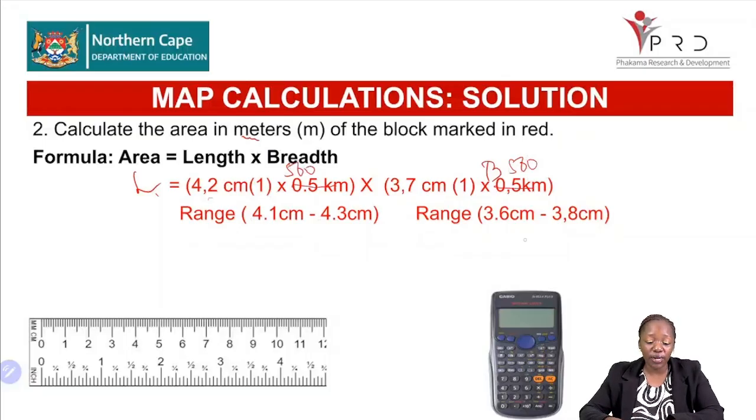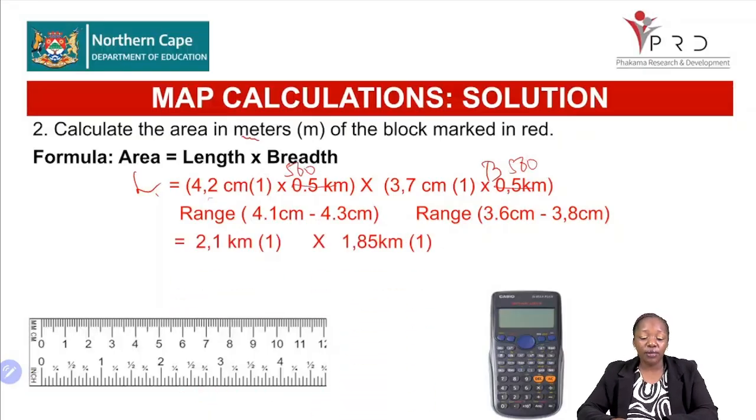Then once you are done, there is the measurement, which is the map distance, then times what the answer is supposed to be. So here you are using 500 because it's supposed to be in meters. Then once you are done, you then take the answer.